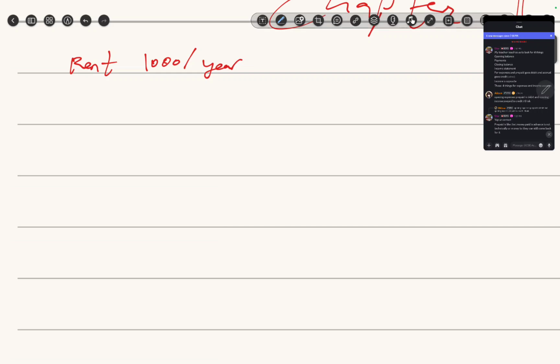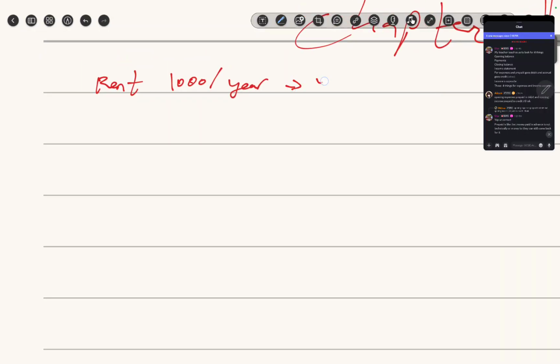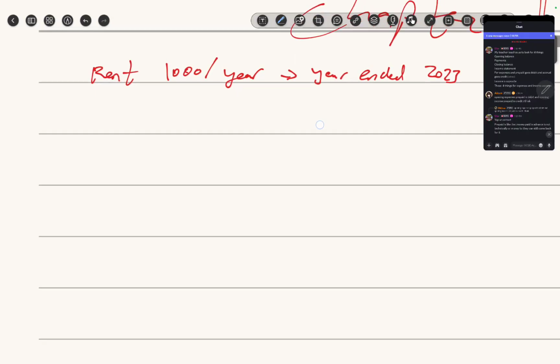The person who's supposed to pay rent, the tenant, did not pay rent for the last year. That means it's relating to a particular accounting period, which is last year's accounting period, and it's unpaid at the end of that period. He didn't pay it even at that period, but we still record this in the income statement. So this was relating to the year ended 2023, and he did not pay it even at the year end.